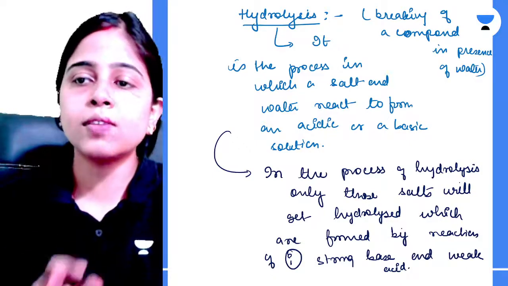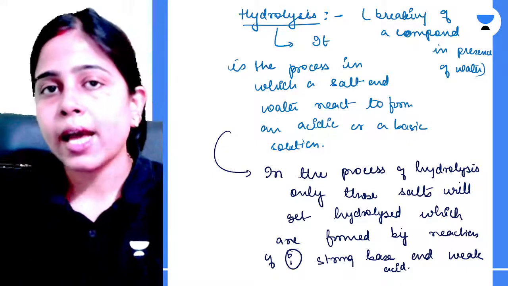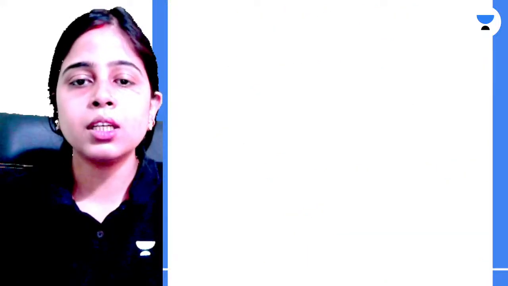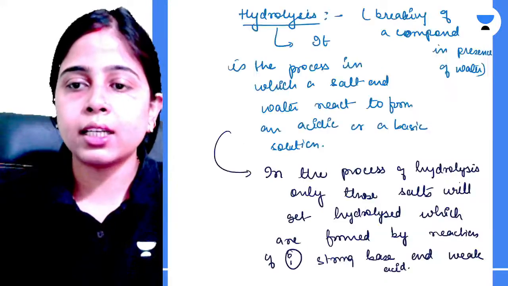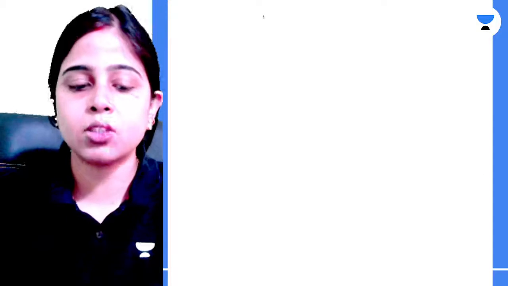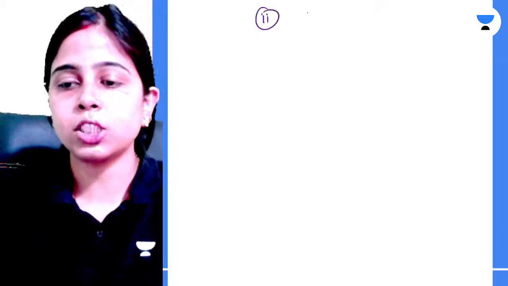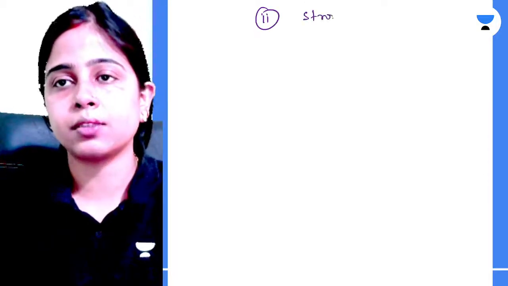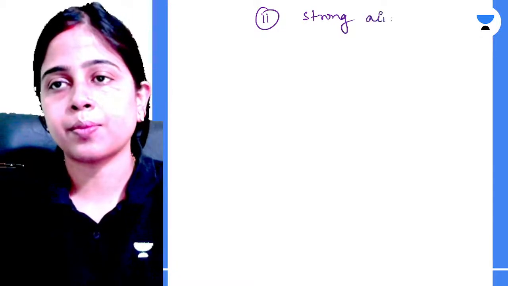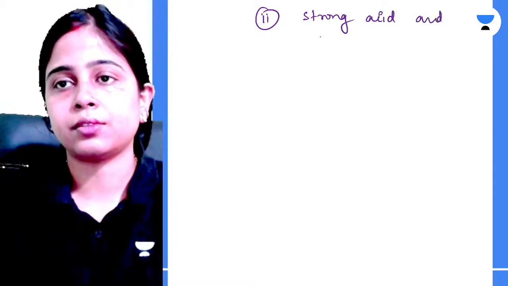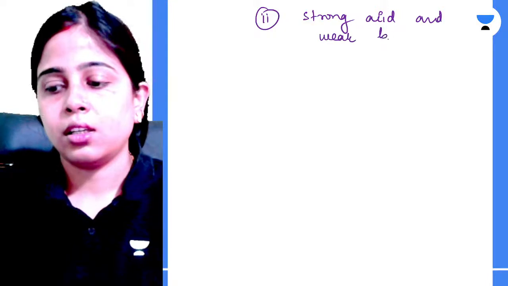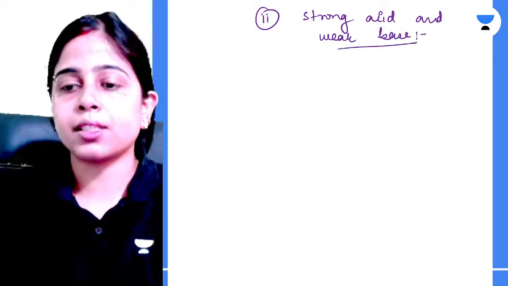So acidic salt will also get hydrolyzed to give an acidic solution. Clear? So let me write the entire statement. So second is your reaction between strong acid and weak base. Okay, strong acid and weak base.